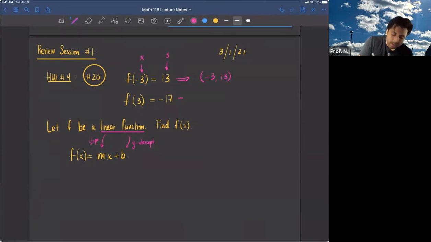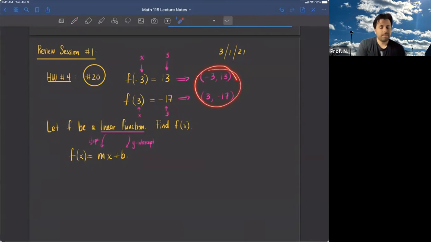The other set of coordinates is this: when my x value is 3, my y value is negative 17. So they're asking you to find the equation of a line that has these two points in it. It goes back to that question that we've done before a lot.